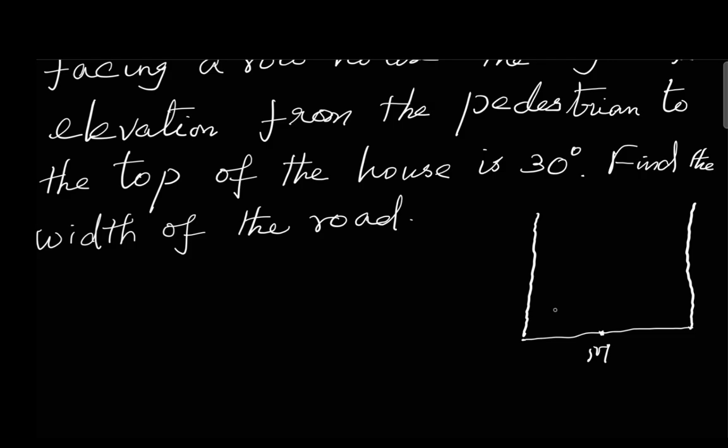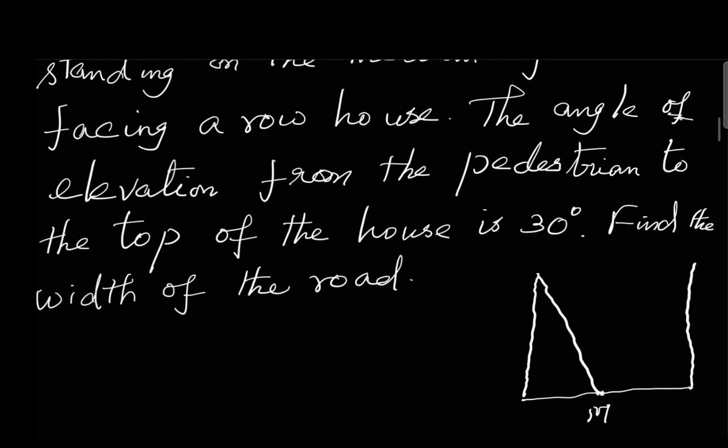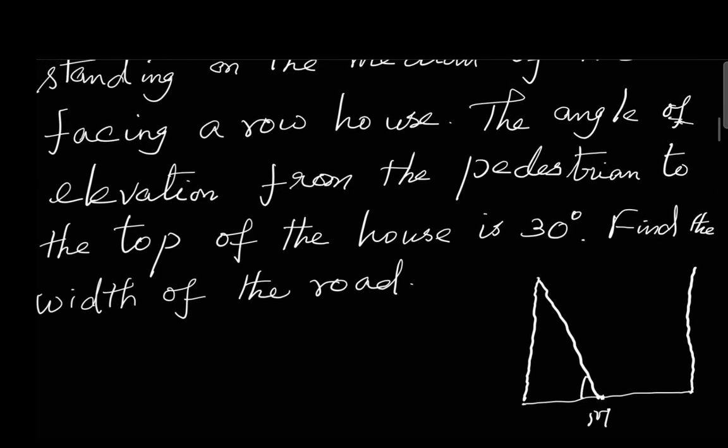So the person is looking at the top of the house, and the elevation is given as 30 degree on both sides. And the height of the house is given as 4 root 3 meter.